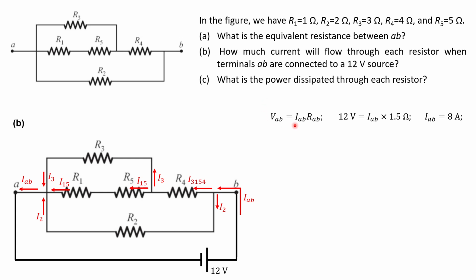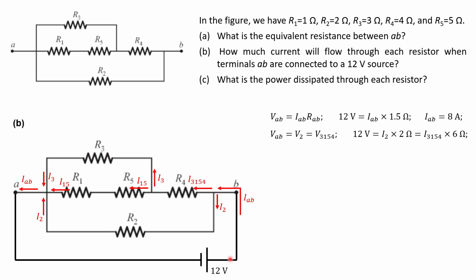From here, we can easily calculate I sub AB by substituting 12 volts for the total voltage and 1.5 ohms for the total resistance. So the total current that goes through the battery is 8 amps.